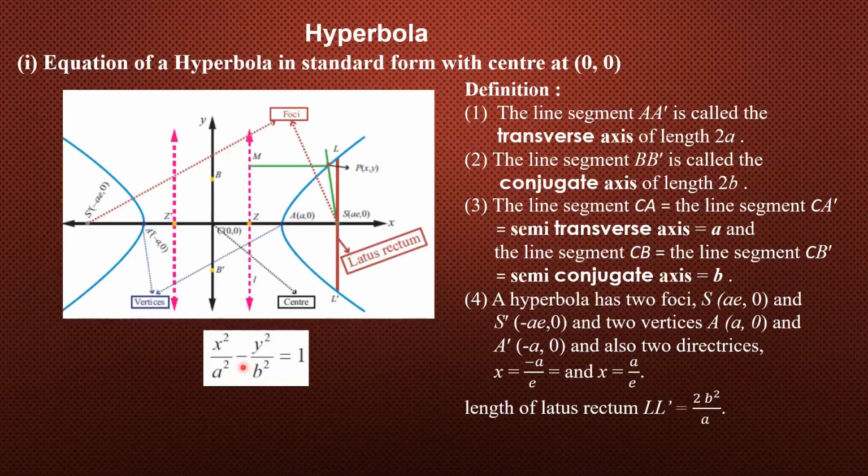Here it is minus, so that is called a hyperbola. Here ae equal to c. e means eccentricity, the product of the distance between C and A and the eccentricity is taken as c, and we get b squared equal to c squared minus a squared.